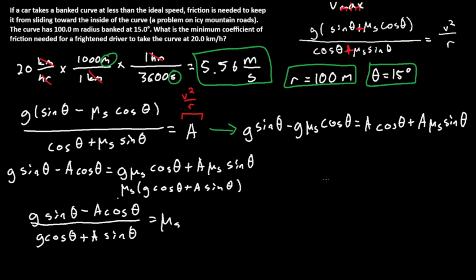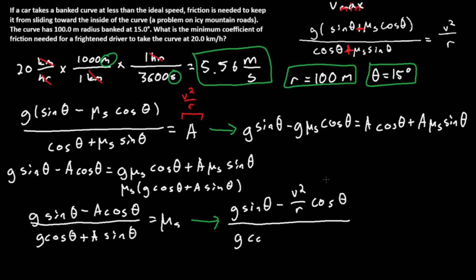And remember, a is equal to V squared over R, so we can just substitute that in. Once we substitute that in, we get gravity sine of theta minus V squared over R cosine of theta, over gravity cosine theta plus V squared over R sine of theta.